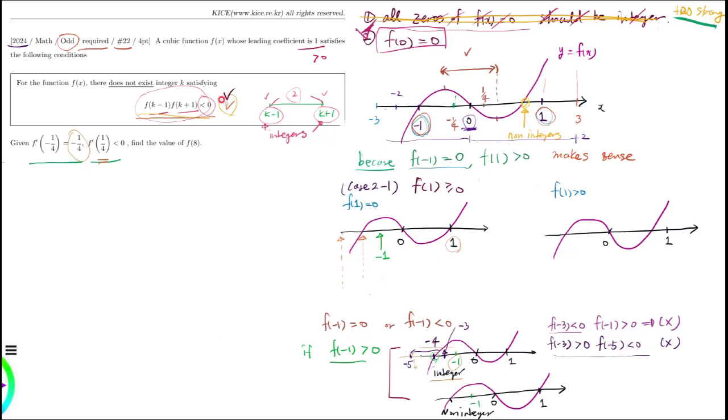So this is not the case. So for the positive f of negative 1, the smallest zero cannot be an integer.